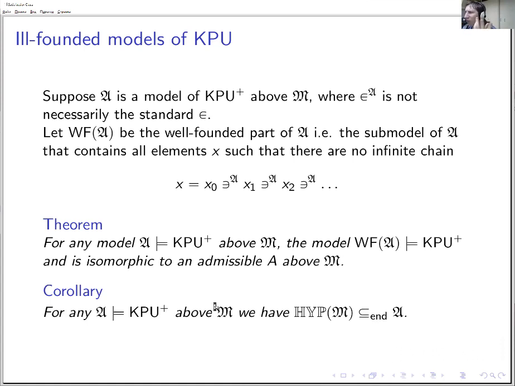All the other axioms are more or less straightforward to show. The axiom of foundation holds automatically in all well-founded models, so it's a non-issue as well. There is something special about the axiom of sigma 1 collection.